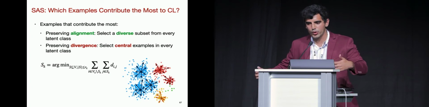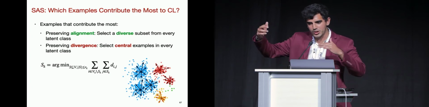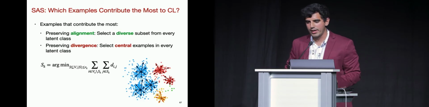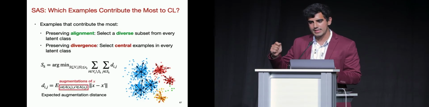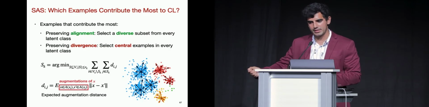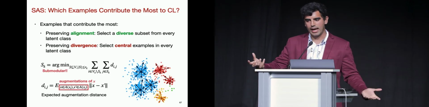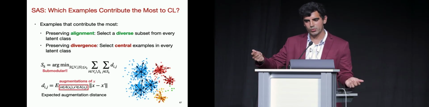I showed you two objectives for each of these things, and we relaxed them into this combined objective where we're trying to minimize the sum of expected augmentation distances from the selected examples to the unselected examples. And you can intuitively see why this will ensure both things.